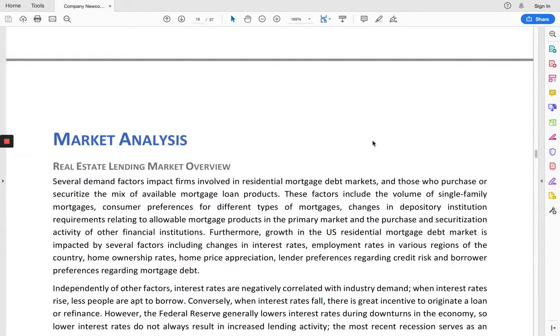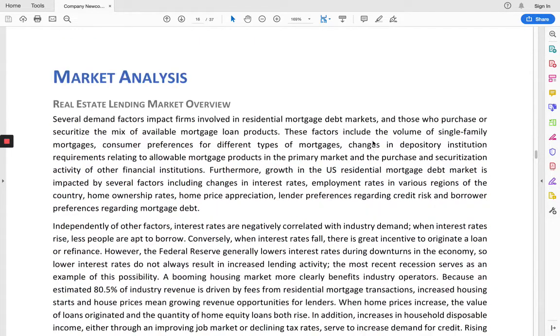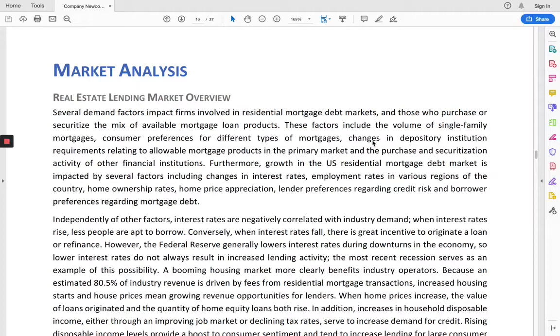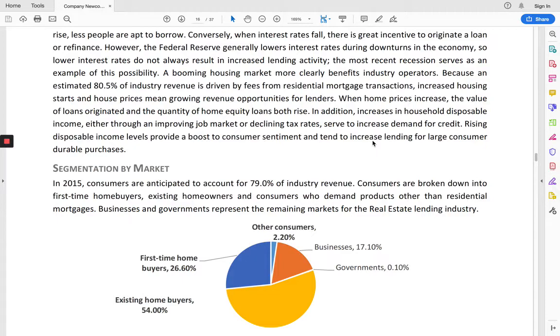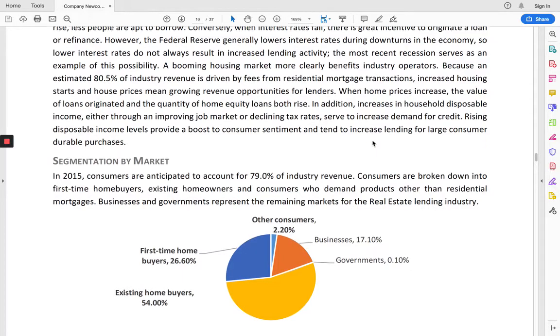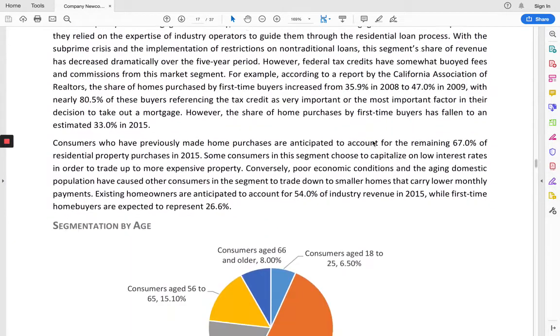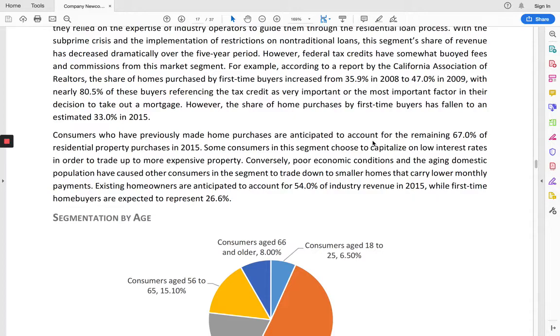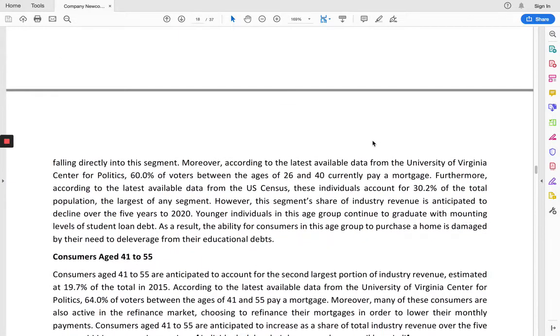Once we're able to do the industry analysis, the next section is the market analysis, which is essentially the overview of the customers. How many of these customers exist? What are the demographics? What is their income profile? What is their age profile? What is the ethnic profile?